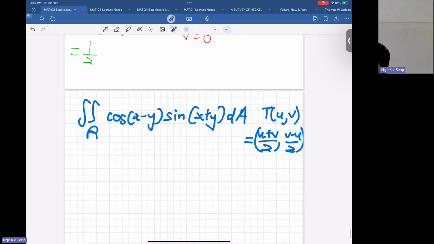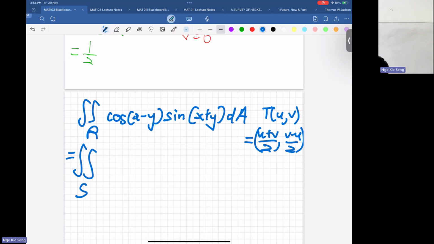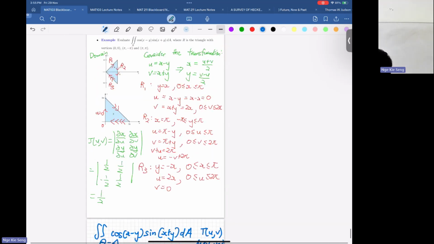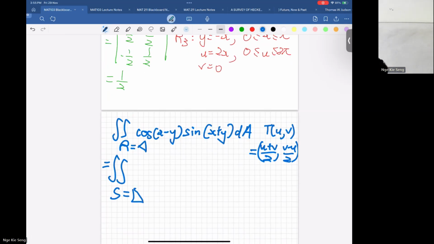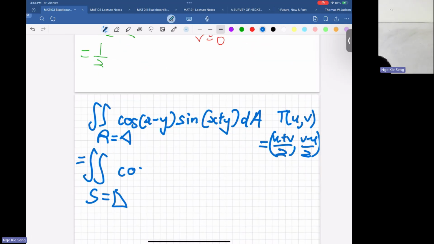So this is what we did. We change variable to u, v. What it becomes is a new domain. Previously R was like this, and now it looks like a right-angle triangle, where x minus y becomes u and x plus y becomes v.